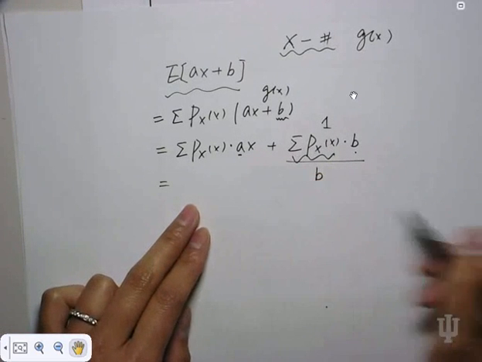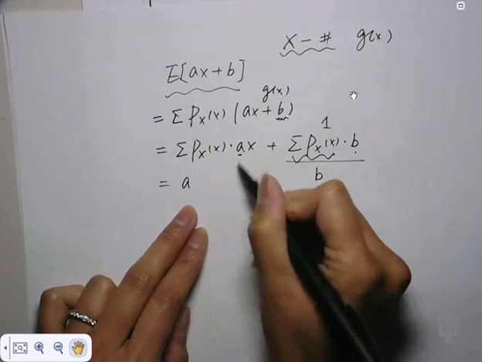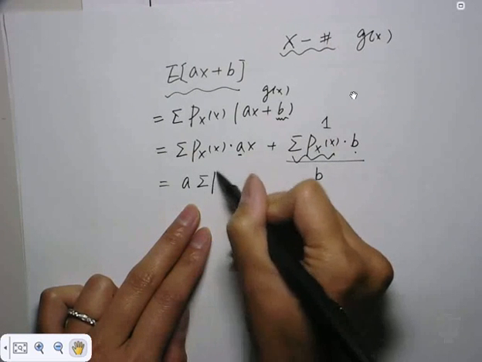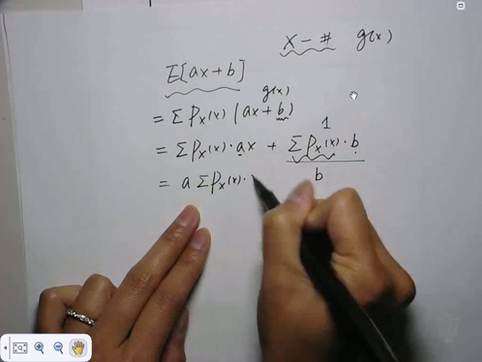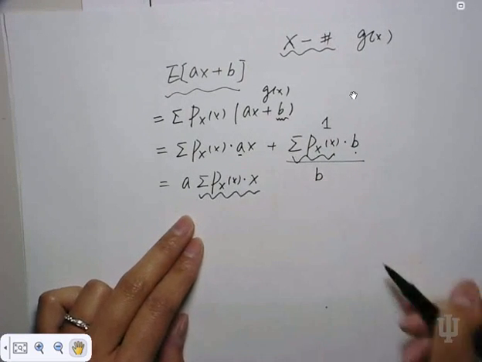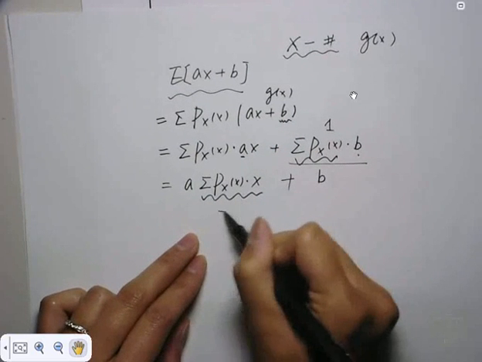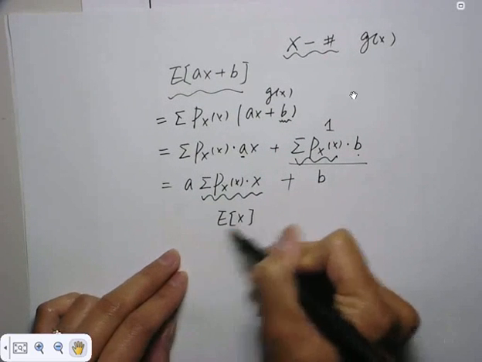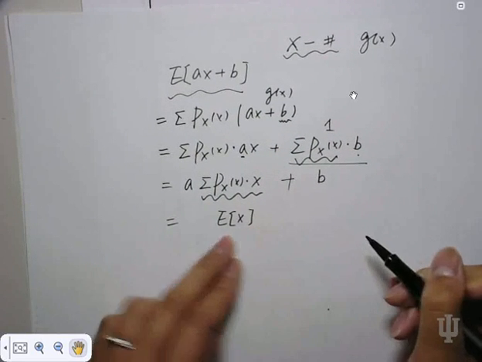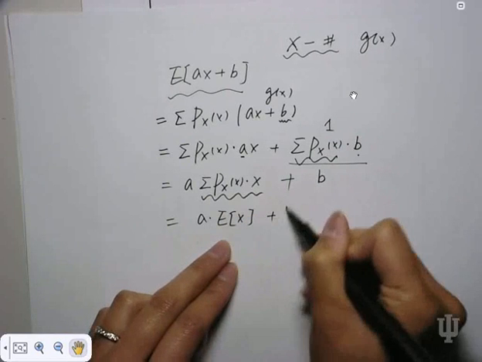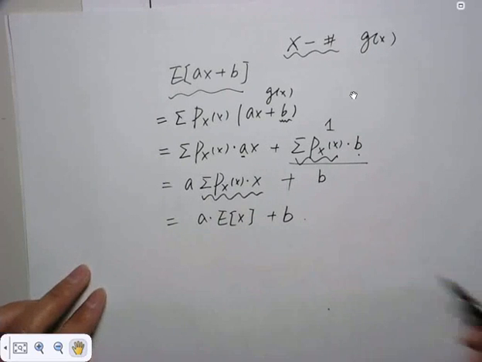A is a scalar constant number, so you can move it out. And thus, again, is the expectation of x.